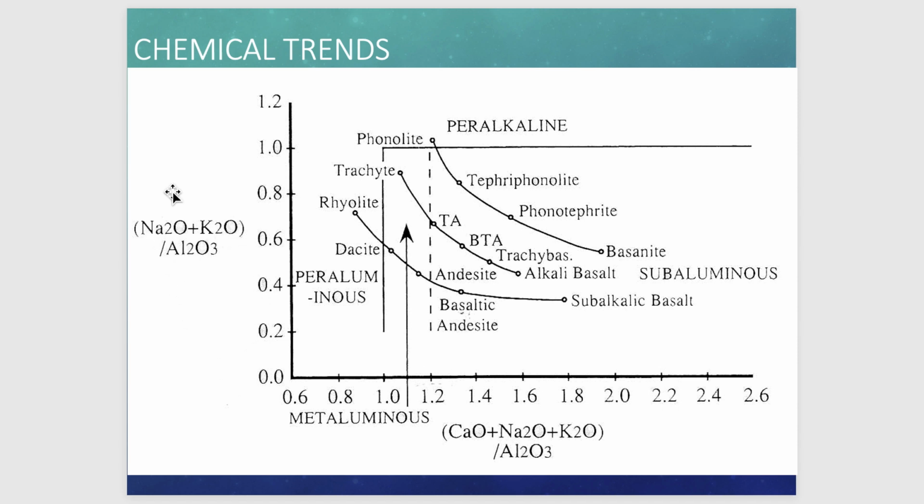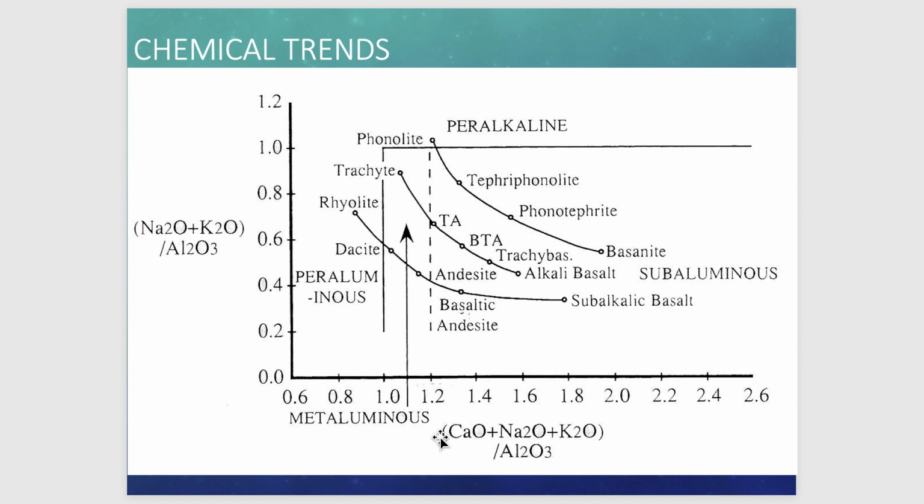In this case, we are comparing essentially the alkalis, so sodium and potassium, against aluminum, and down here we have also this calcium. So we add calcium as a dominant factor for the differentiation.